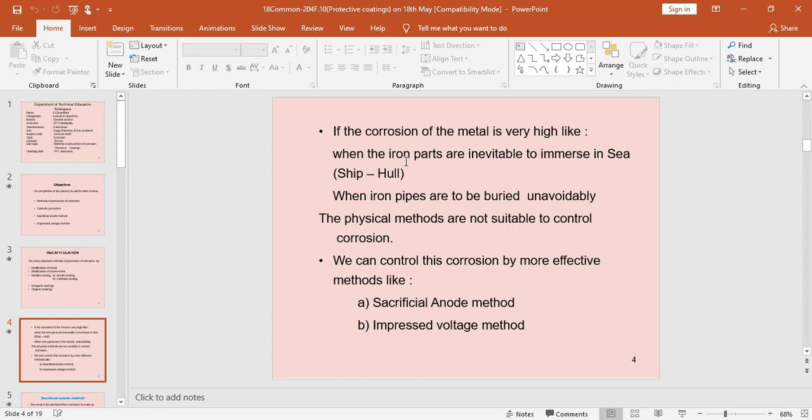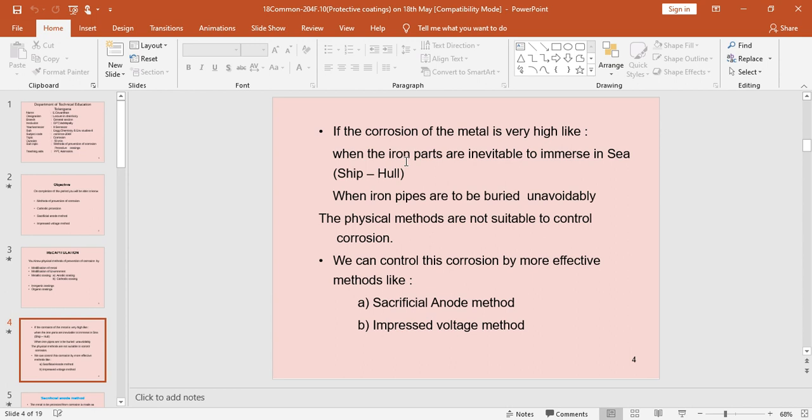That means we cannot change the physical environment surrounding the ships or the underground buried pipelines. So in the above cases, we can control this corrosion by more effective methods compared with the physical methods.